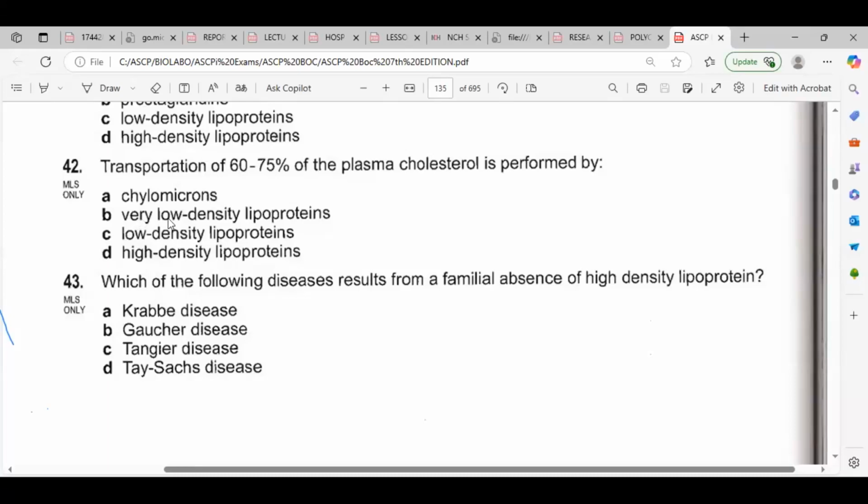Okay, the ApoB is not so. Well, ApoB is for all of them. It depends on which ApoB, because we have ApoB 100 and ApoB 48.